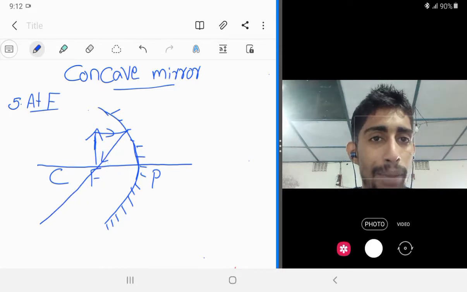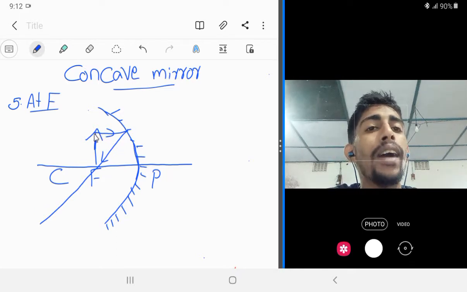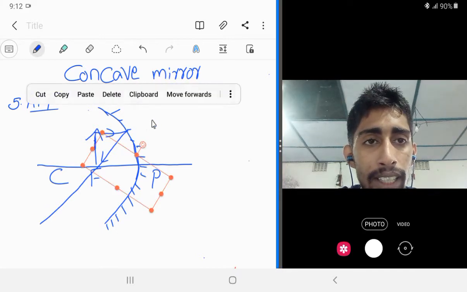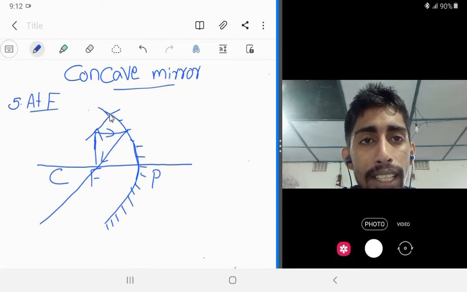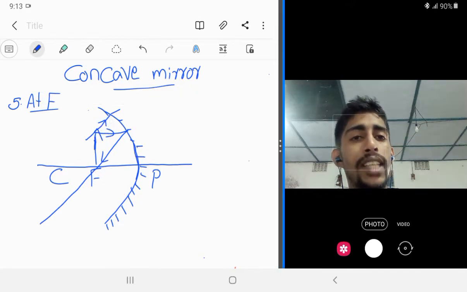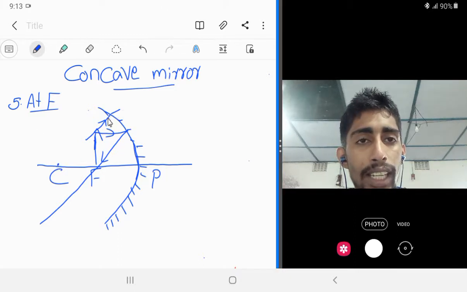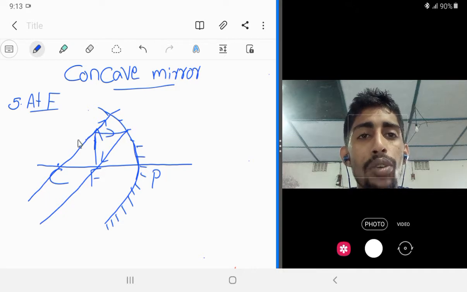Then the light ray which is striking in the direction of the center of curvature, after reflection, will reflect back and move through the same path, you can see.